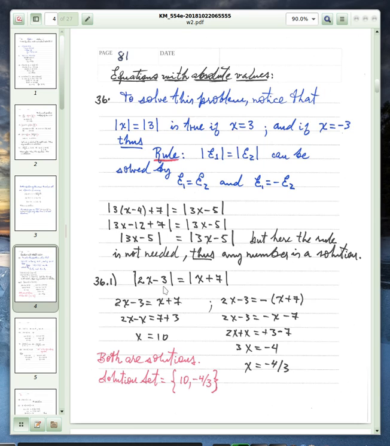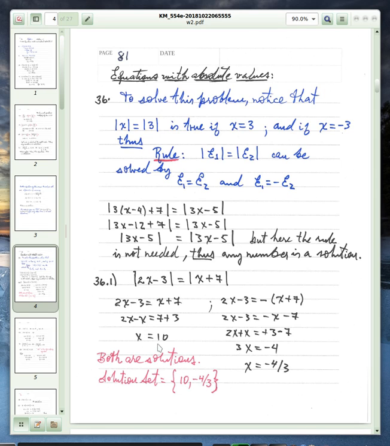We have two ways of going about this, or two routes. One route is that the two inner expressions, 2x minus 3 and x plus 7, coincide, which is this. And the second route is that one inner expression is exactly the opposite of the other, which is this. So we solve both of them.